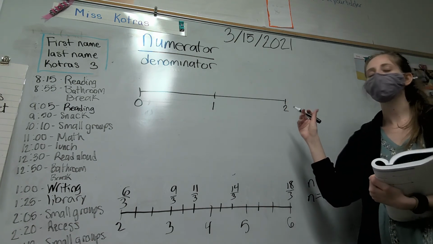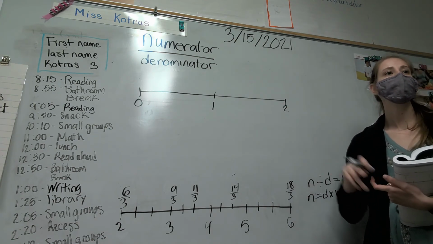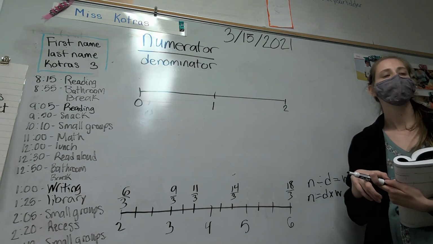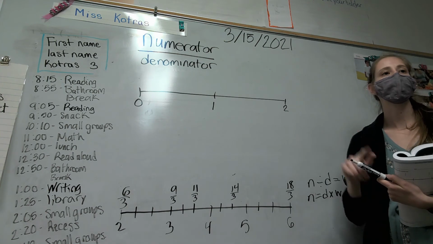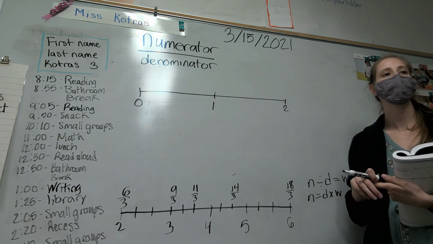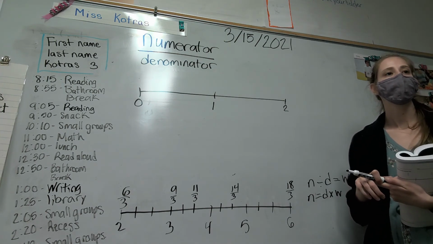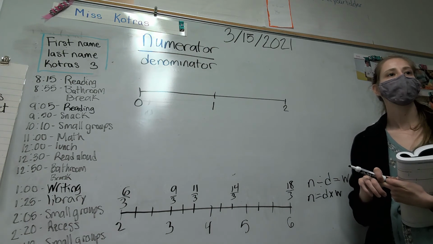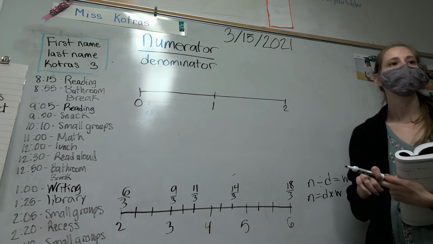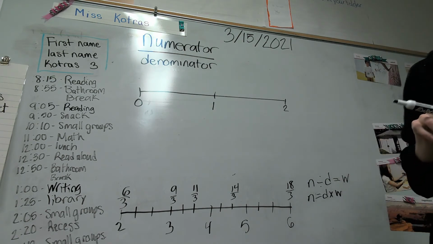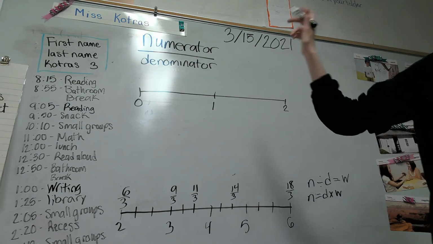Right now, can we mark 7/4 on here? No, what do we need, Trent? What do we need in order to show where 7/4 belongs? We need to draw what?